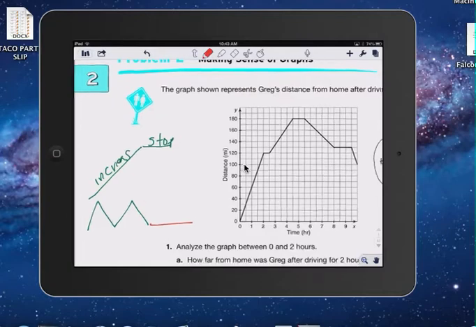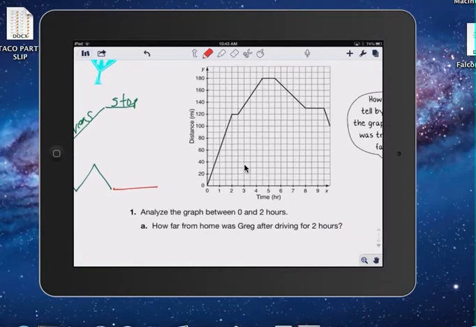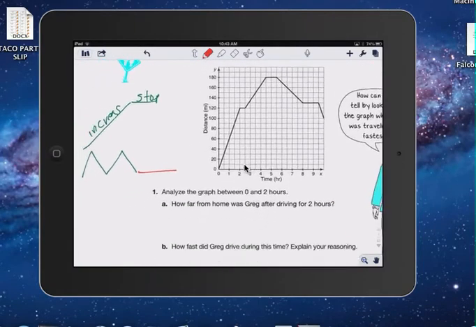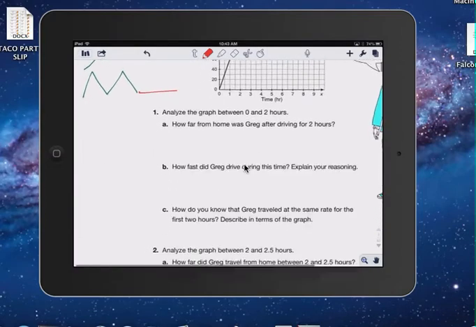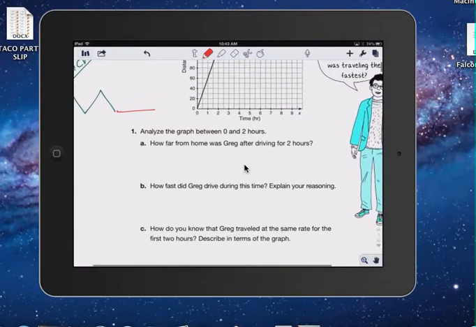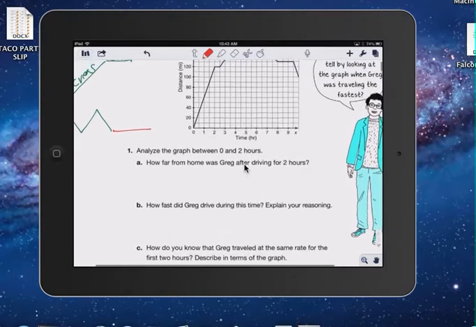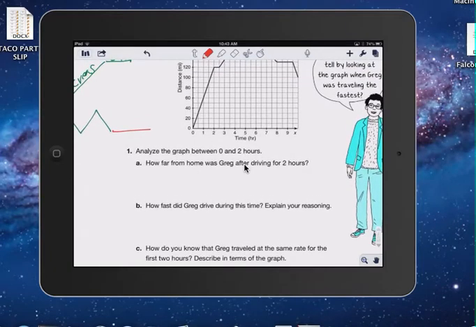So I want you to analyze the graph between answers A, B, and C. Analyze the graph between 0 hours to 2 hours. So the hours are at the side or at the bottom? Bottom. The hours are here. 0 to 2 hours. How far from home was Greg after driving 2 hours?